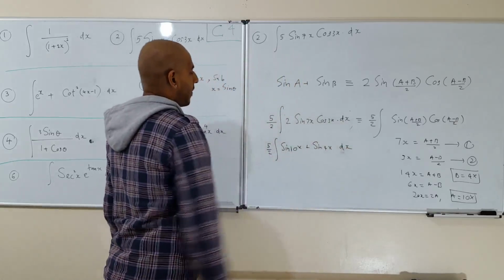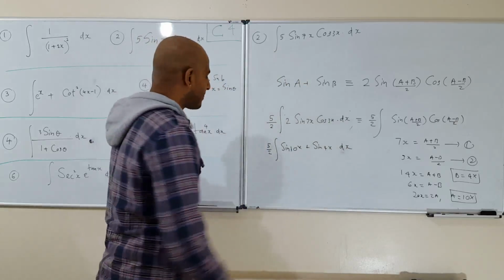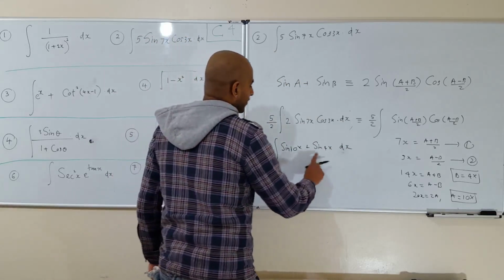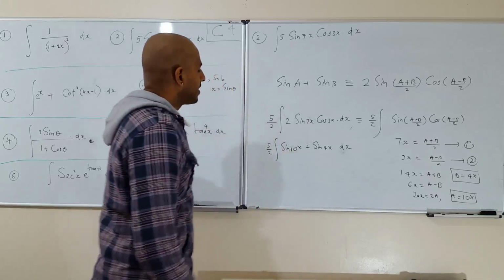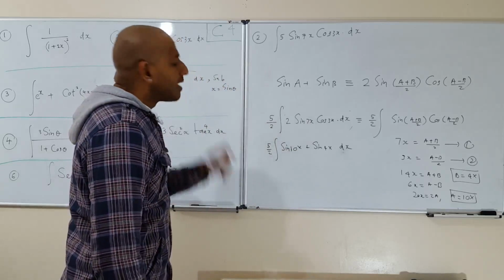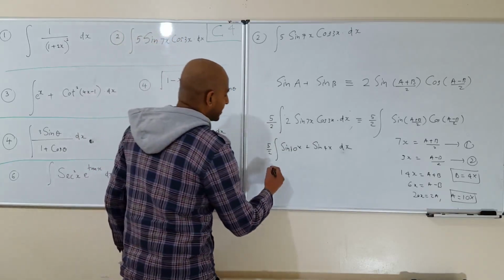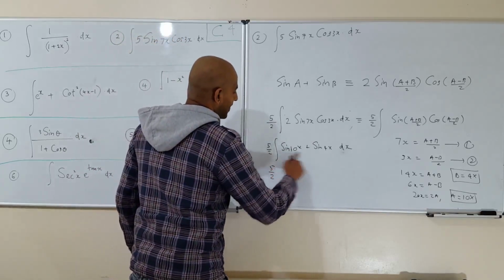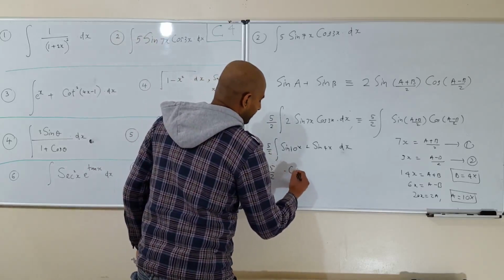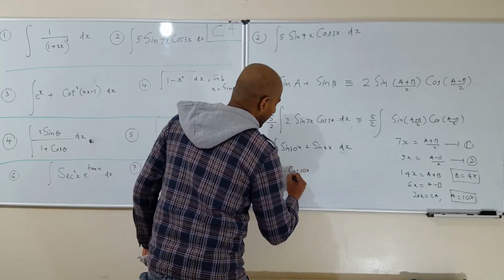Okay, so integrate each one now. We integrate sine 10x, what are you going to get? Minus cos 10x divided by 10, right?